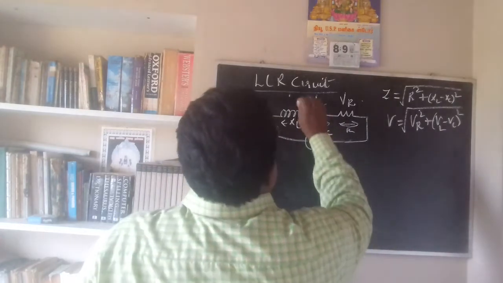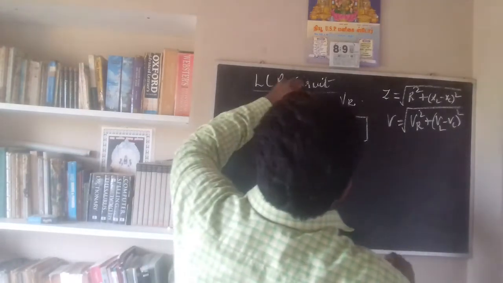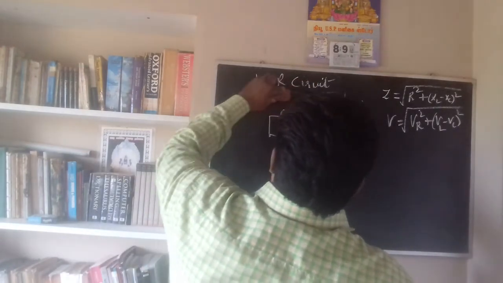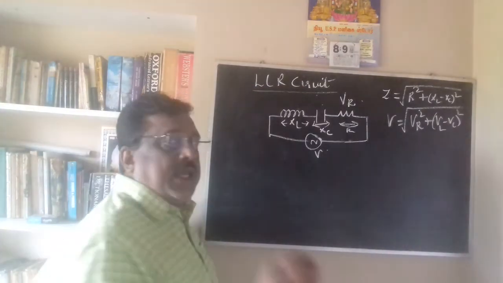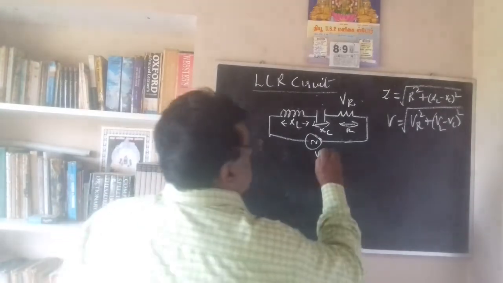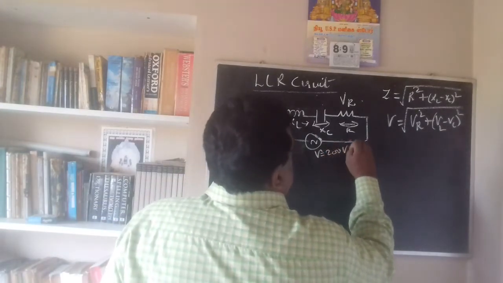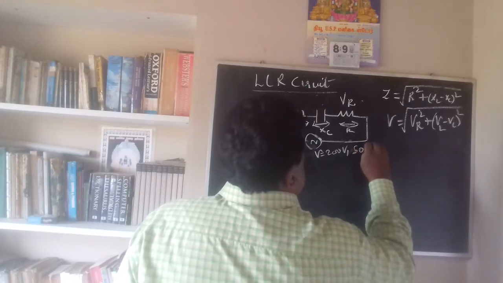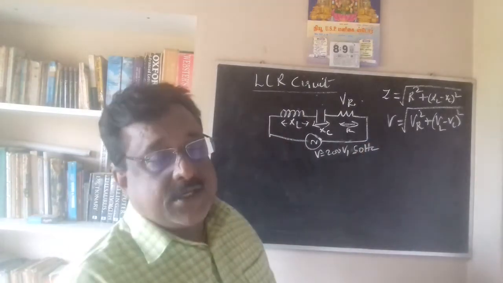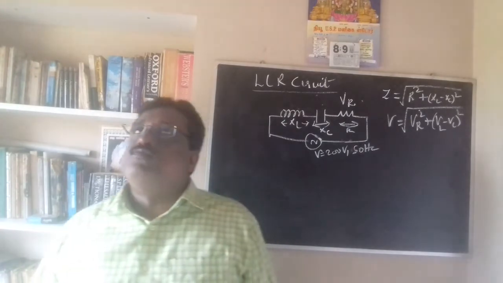Here, say the voltage is given as 200 volts with a frequency of 50 Hertz, because alternating voltage has cycles, positive and negative cycles.